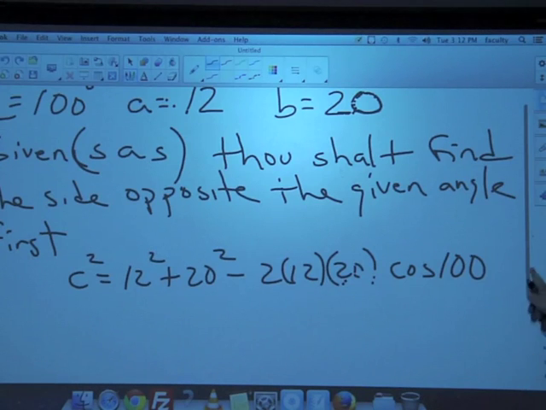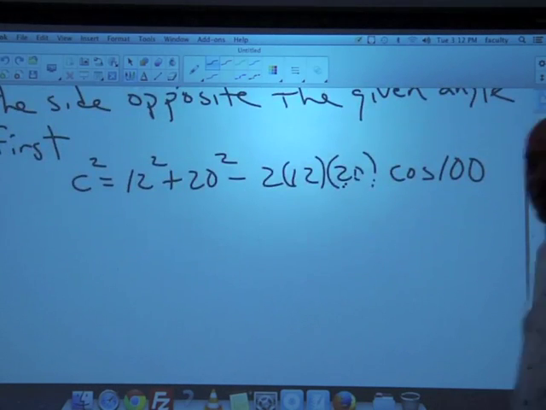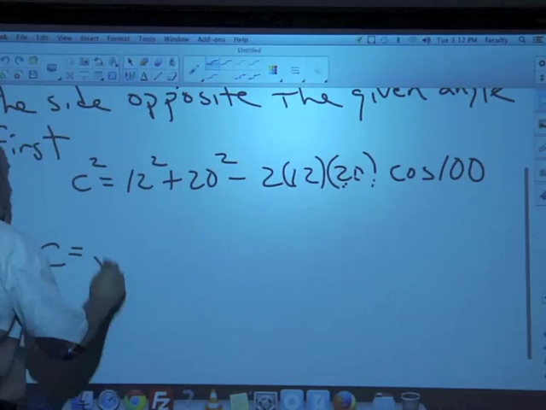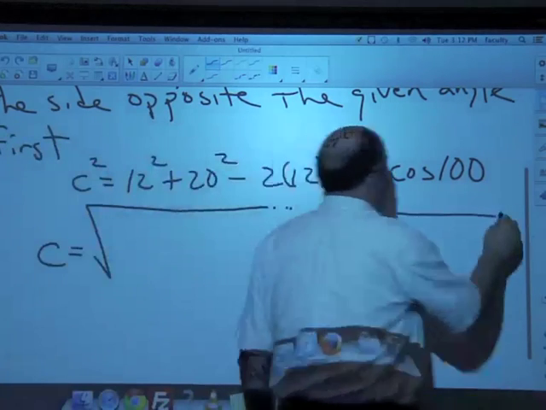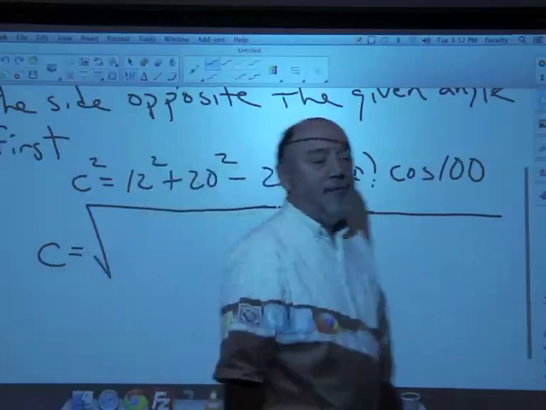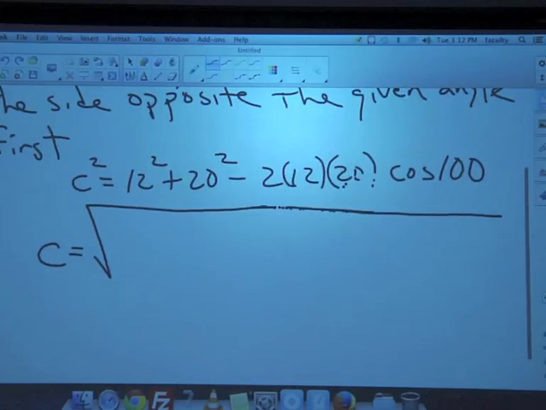Because all you have to do on the TI, provided you know how to do this, is say that C is going to equal the square root of that entire thing. So you should be able, on the TI, plug in that C, just do the square root and put all of that underneath the radical. Because I don't care what any of the intermediate numbers are, in this case. The TI should be able to handle this.